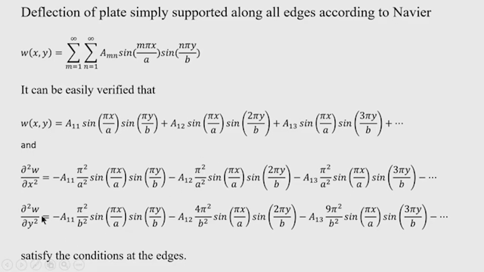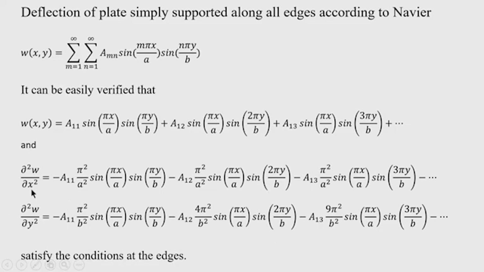Similarly, the derivative with respect to y, we get minus A_11 pi square by b square sin pi x by a sin pi y by b and minus A_12, because 2 pi by b will come out, so 4 pi square by b square sin pi x by a sin 2 pi y by b and so on. So, this derivative function can be evaluated.